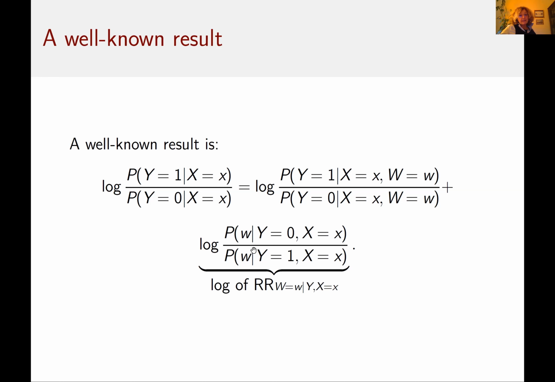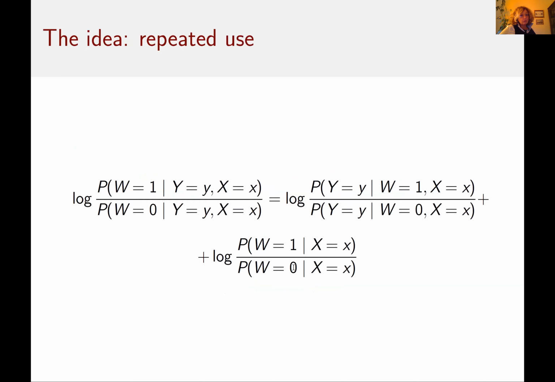Now, the problem is that we don't have a model here for this. We have a model for the marginal w against x. We do not have a model for w against y and x. So how can we work it out?